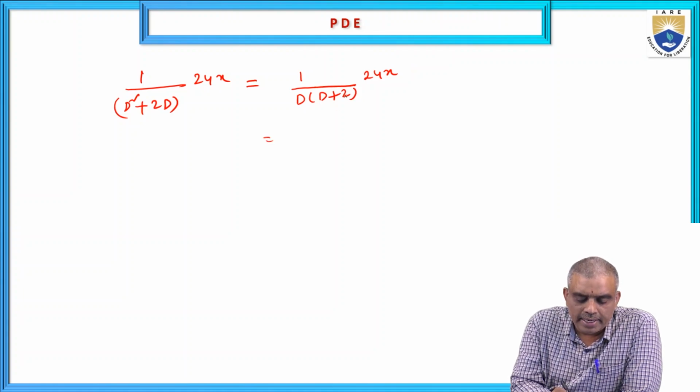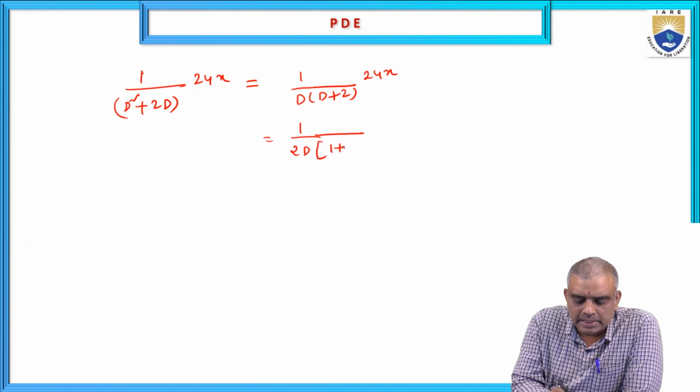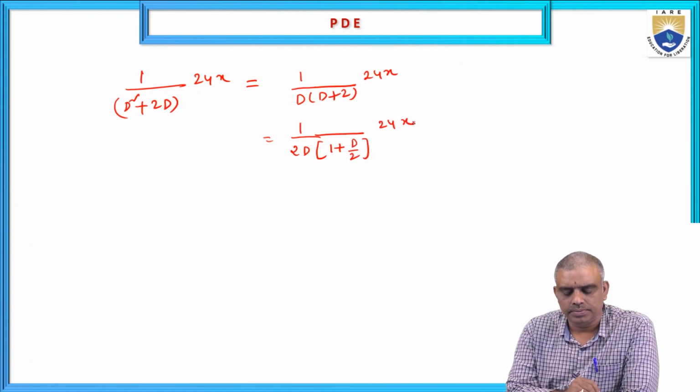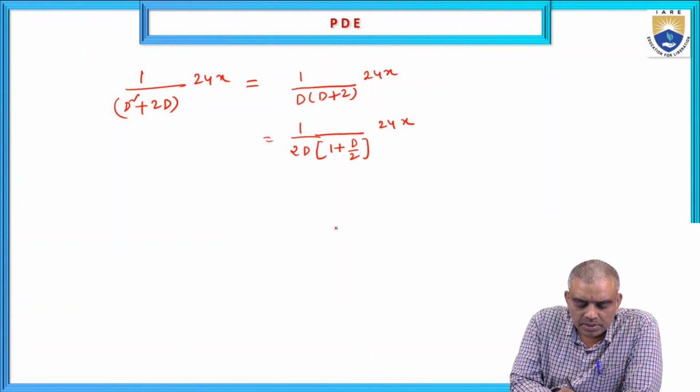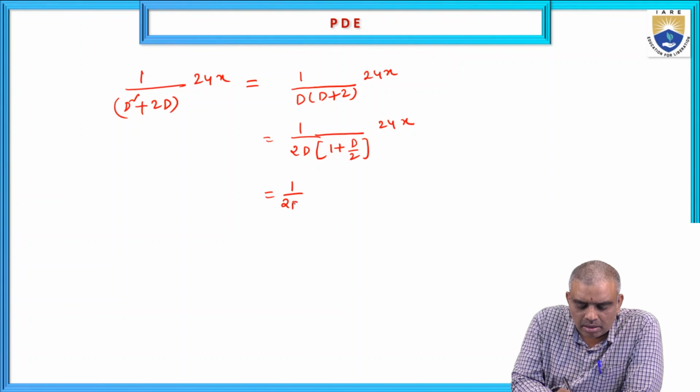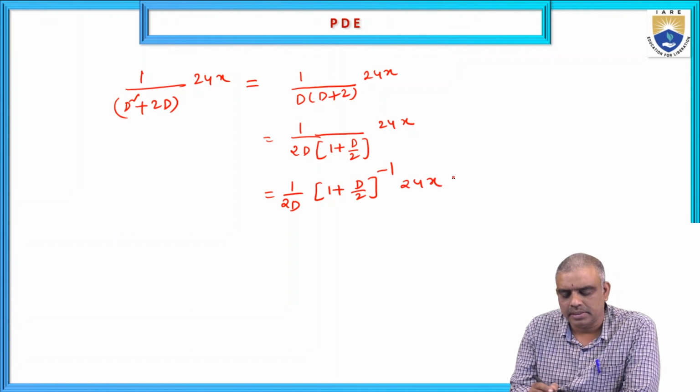So I'm writing in the denominator 2 taken outside: 1/(2D(1 + D/2)) of 24x. Then 1/(2D) (1 + D/2)^(-1) of 24x.